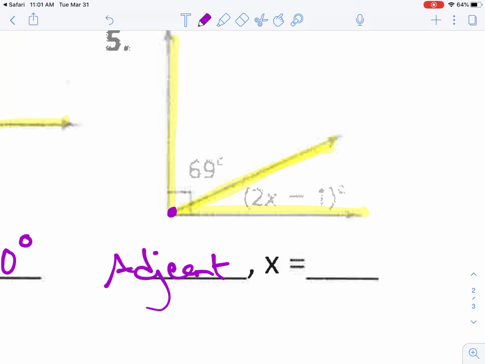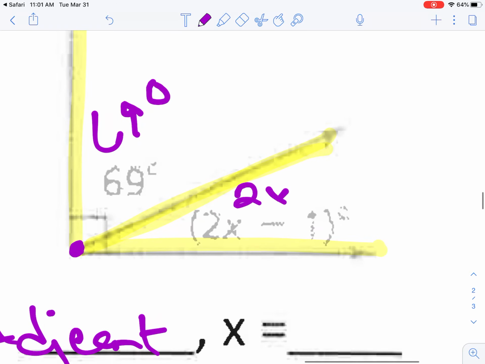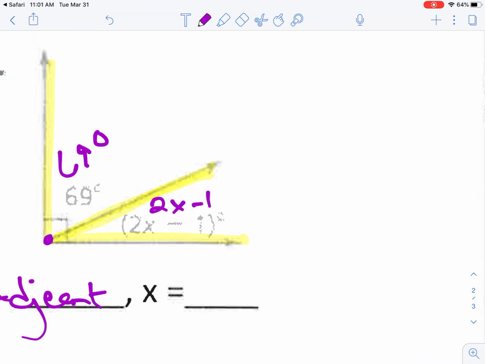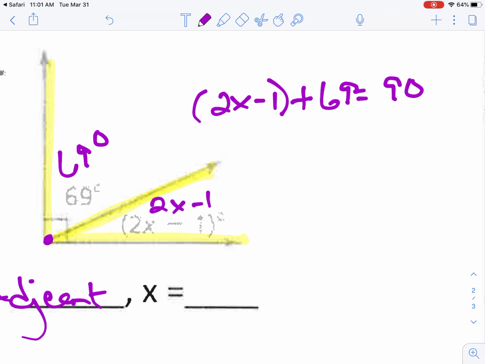Again, it is a right angle, so they need to add up to 90 degrees. This one in here, if you can't see it, is 69 degrees. This one says 2x minus 1. Okay, we're going to put these together just like we did above. We're going to say 2x minus 1 plus the 69 equals 90, that right angle. Okay, you can do this in a couple different ways.